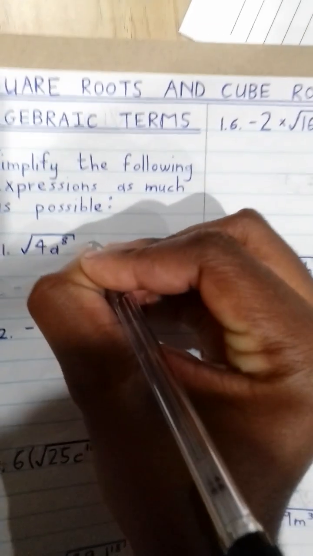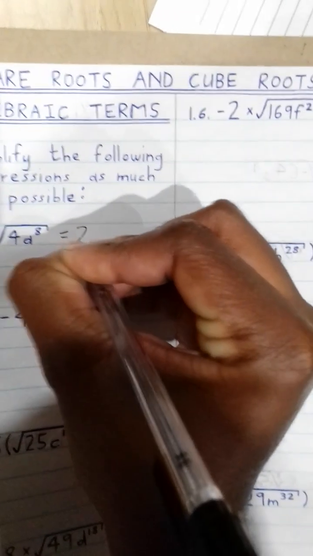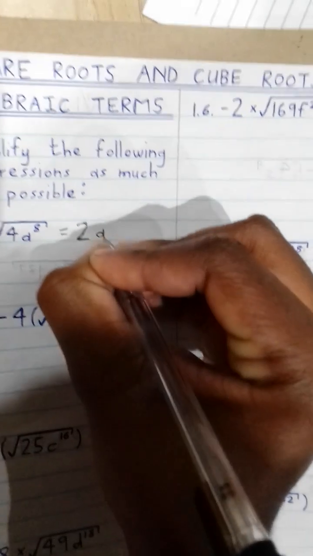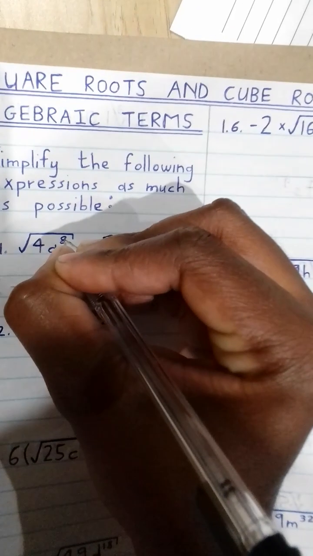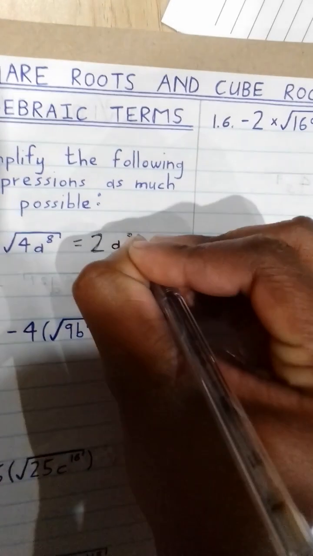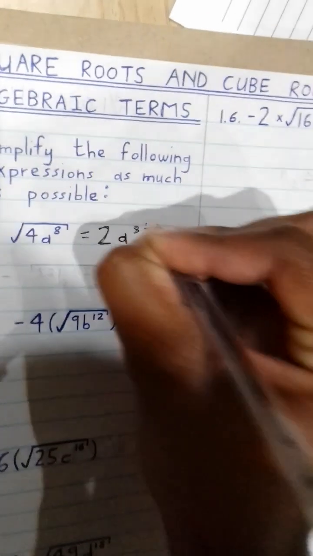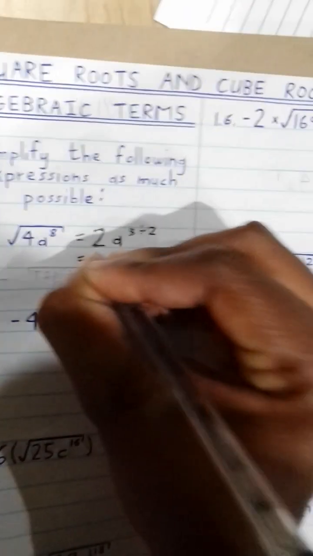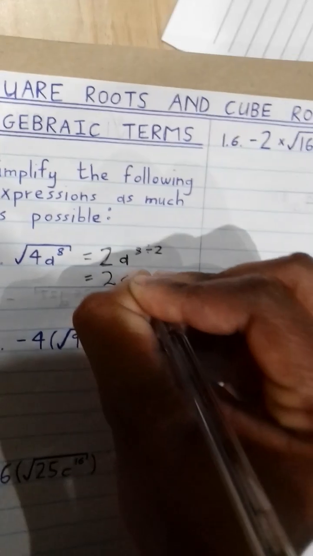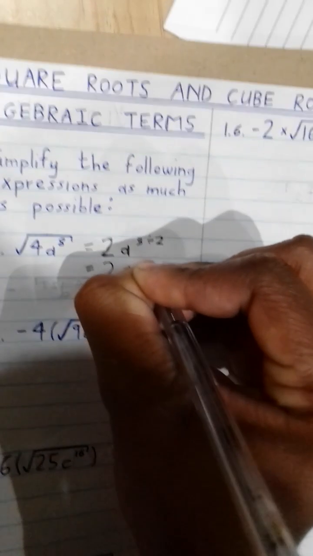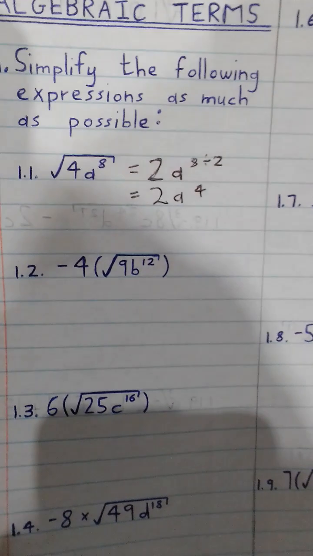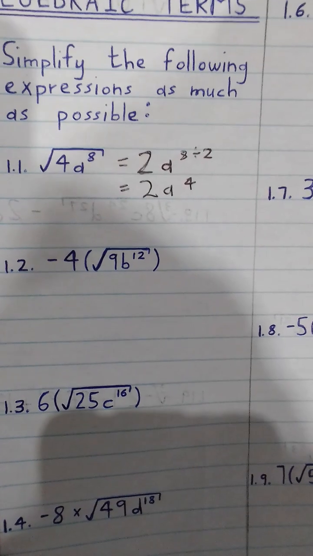Square root of 4 is 2. Remember I said when it's square root, it's the exponent divided by 2. So it's going to be 8 divided by 2, which is 2a to the power of 8 divided by 2 is 4. Okay, so I hope that is clear and I hope that makes sense.